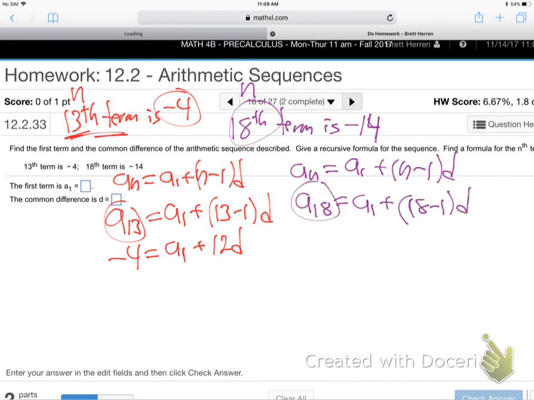And then A sub 18, the 18th term is negative 14. We get to there. We got those, and then just line them up vertically, one over the other, and get stuff to cancel. Pretty easy.